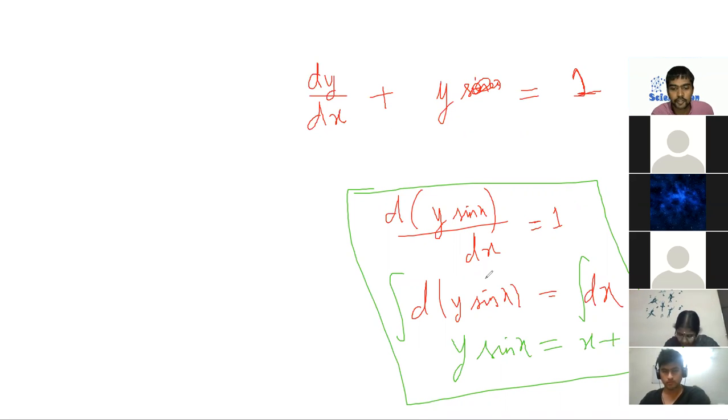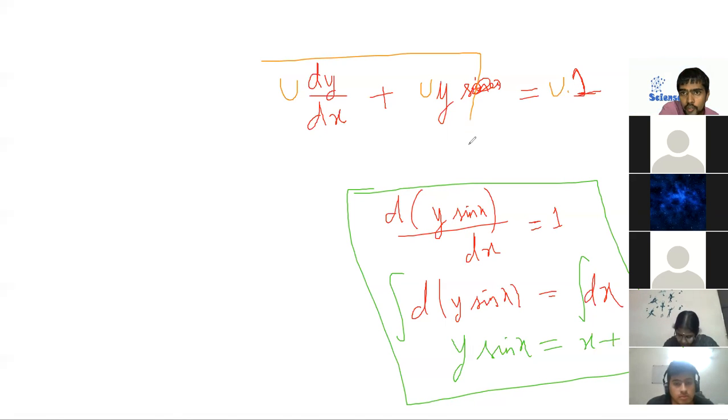We will work it backwards. We will assume that I am multiplying it with some u, and if I multiply with a u, my problem becomes simple. So this whole thing, I want it to be d by dx of uy.